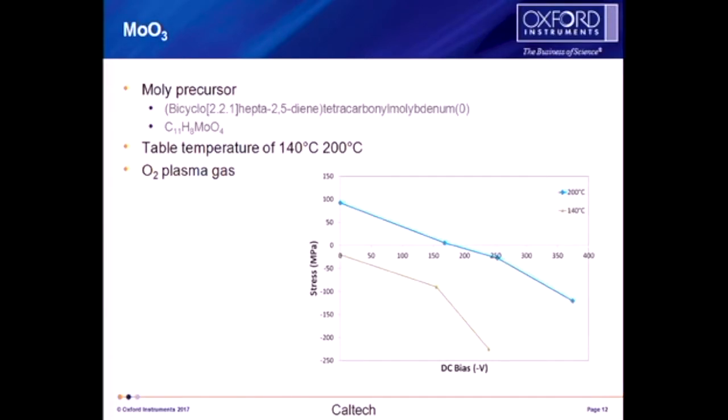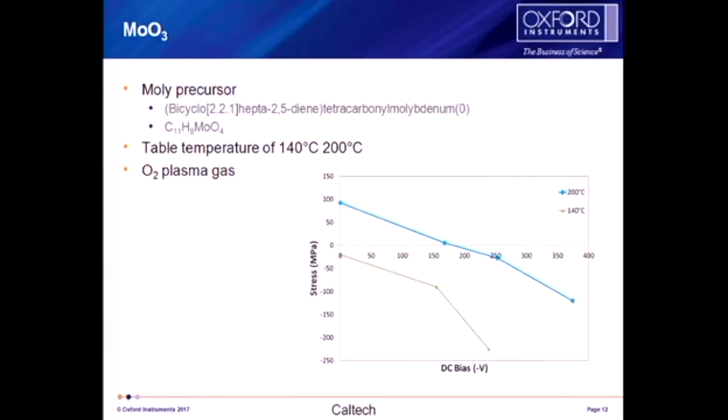Slightly more elaborate, I've then looked at molybdenum oxide at two different temperatures, and you can see that it has a similar trend to the tungsten oxide, but with the change in temperature from 140 degrees to 200 degrees, the 200 degree one you would be able to deliver a low stress, whereas the 140 degree one you would not.